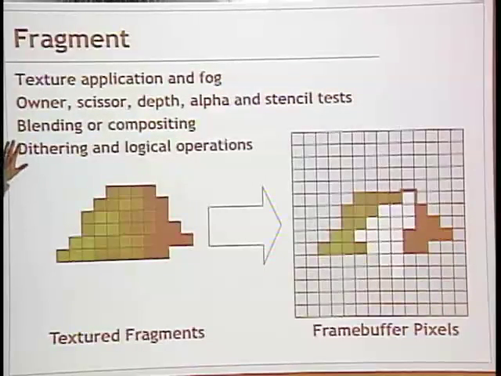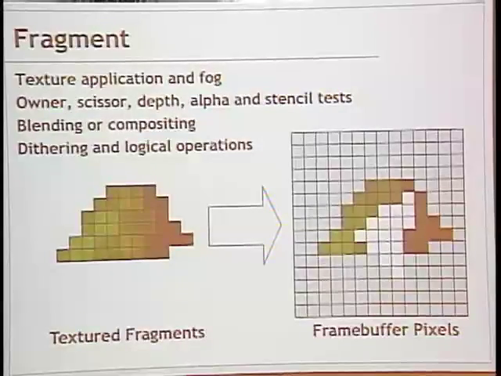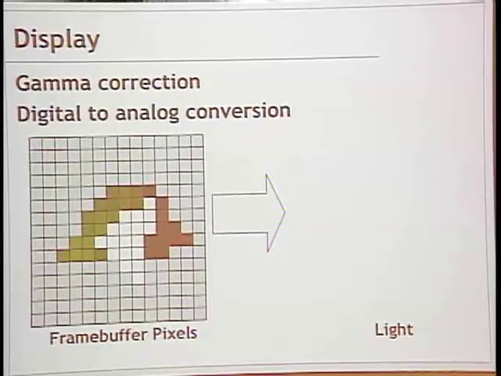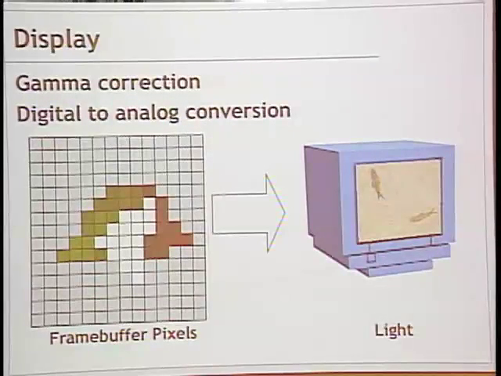If you have partially transparent things, then it will blend them into the frame buffer. So if you have a piece of red cellophane over a piece of green cellophane, then it will blend those together and get some sort of shade of ugly brown or something. Then you've got a frame buffer, and you have to figure out how to now change this digital frame buffer into, historically, some sort of analog television signal.